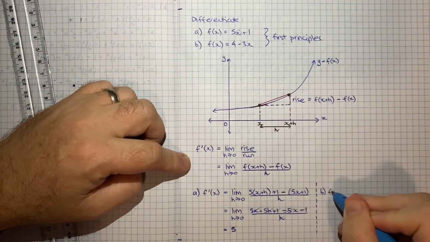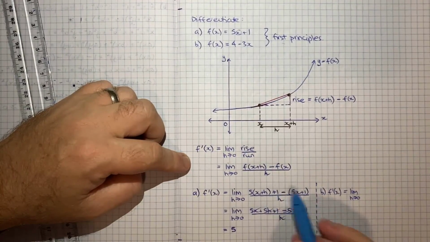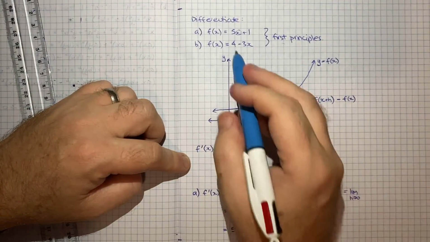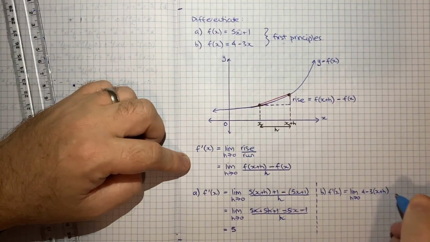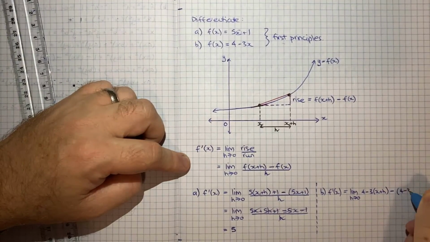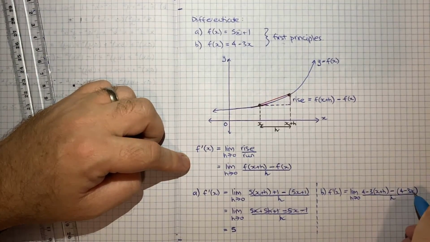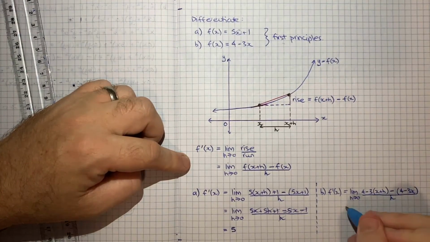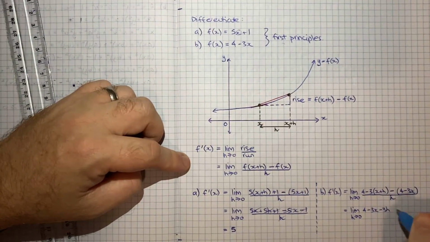So here, f dash x would equal the limit as h goes to 0 of f of x plus h, which would be 4 minus 3(x plus h), minus (4 minus 3x), and that's all divided by h. And then that's going to be equal to the limit as h goes to 0 of 4 minus 3x minus 3h minus 4, minus minus gives plus 3x, all over h.